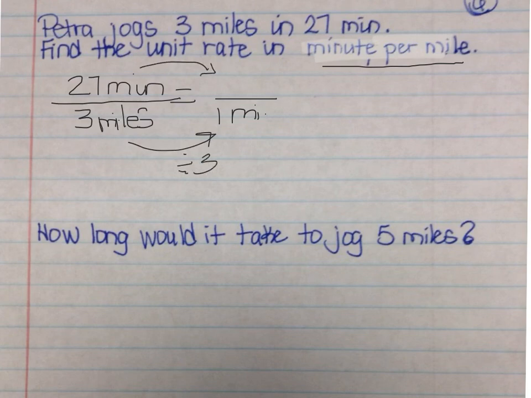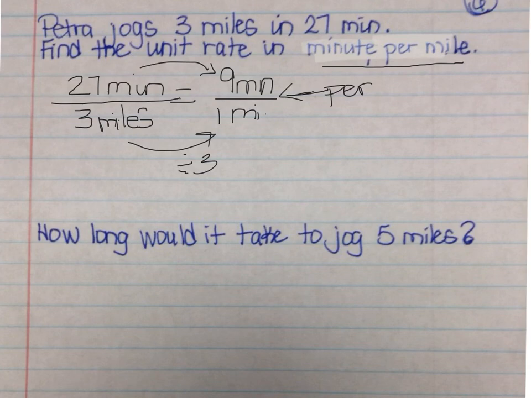Divide by 3, and we get 9 minutes per, remember that means per mile. All right. So that's our unit rate. She's running a 9-minute mile. Okay. Second part of this question is, how long would it take to jog 5 miles?